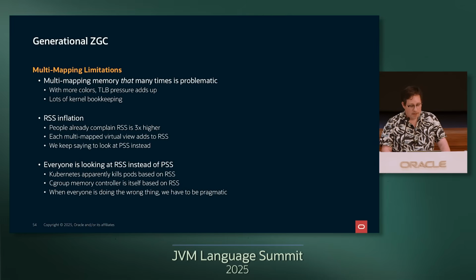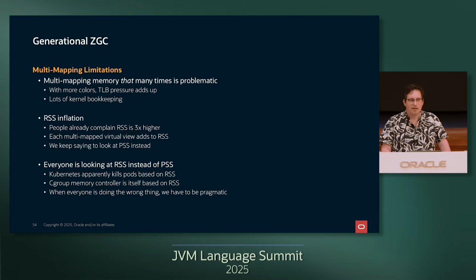Another thing that we struggled with in non-generational ZGC was something I call RSS inflation, because RSS counts the multi-mapped memory for each mapping. And people complain that our RSS looks like it's 3 times higher than it should be. And we keep saying that maybe we should look at the PSS value instead, because it better reflects how much physical memory you're using.